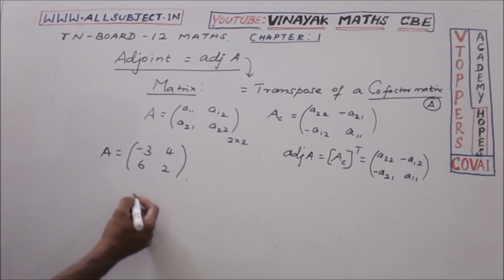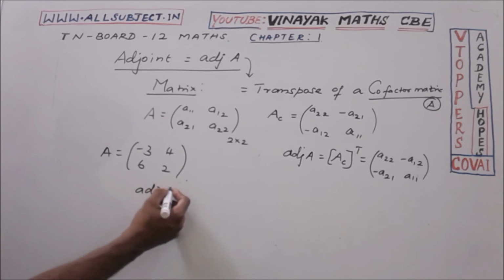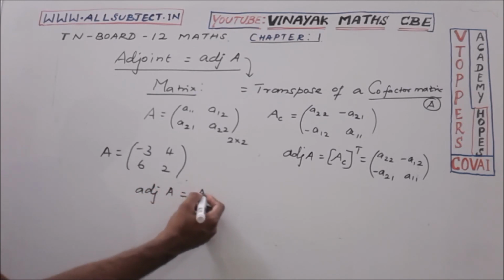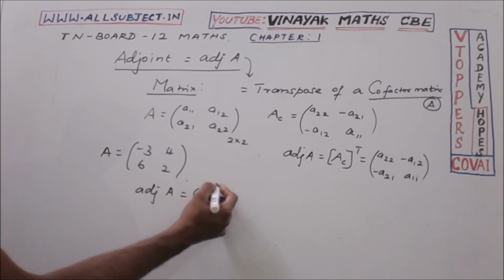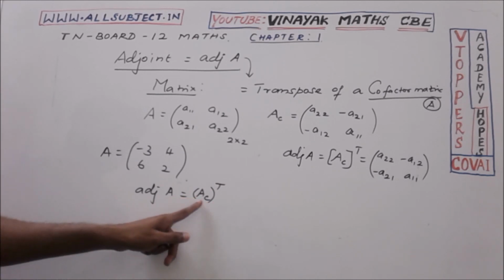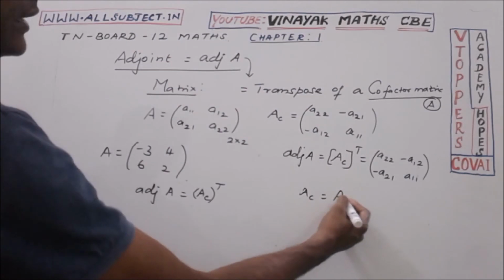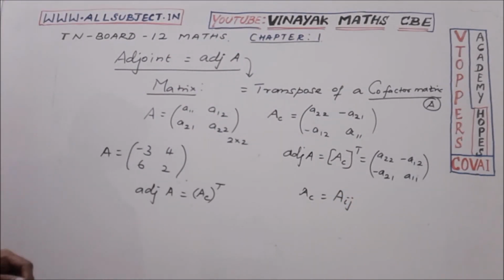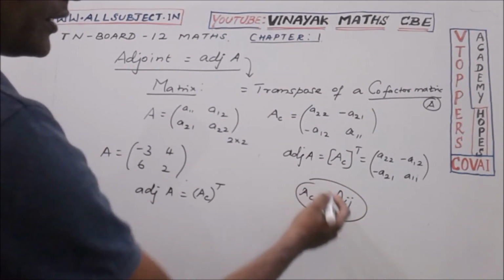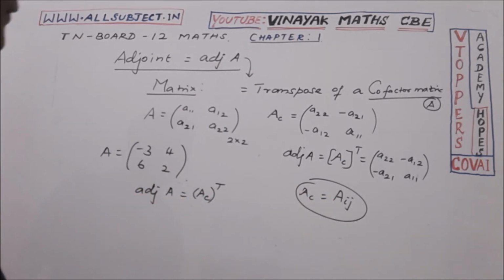Write a formula here. Adjoint of A is equal to the transpose of the cofactor matrix. Capital Aij is known as its cofactor matrix. You can write Aij or A cofactor, both are equal. That is equal to the transpose of the cofactor matrix.